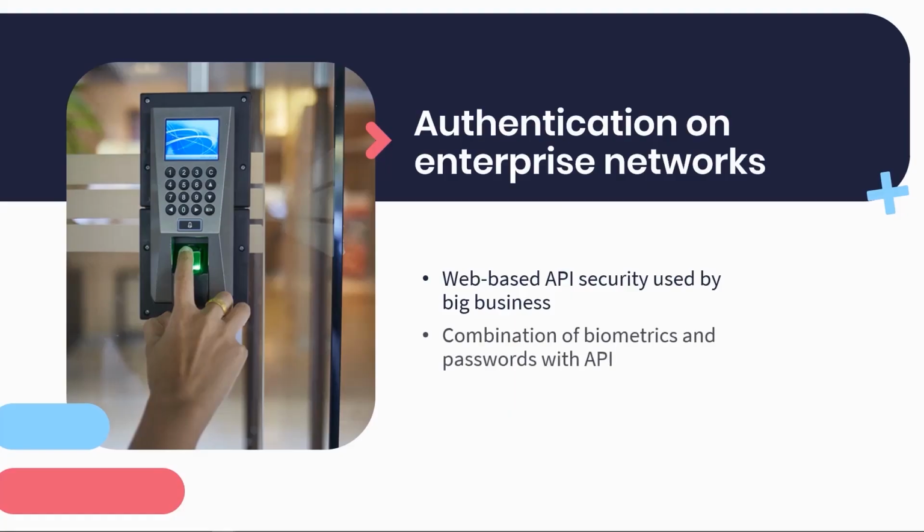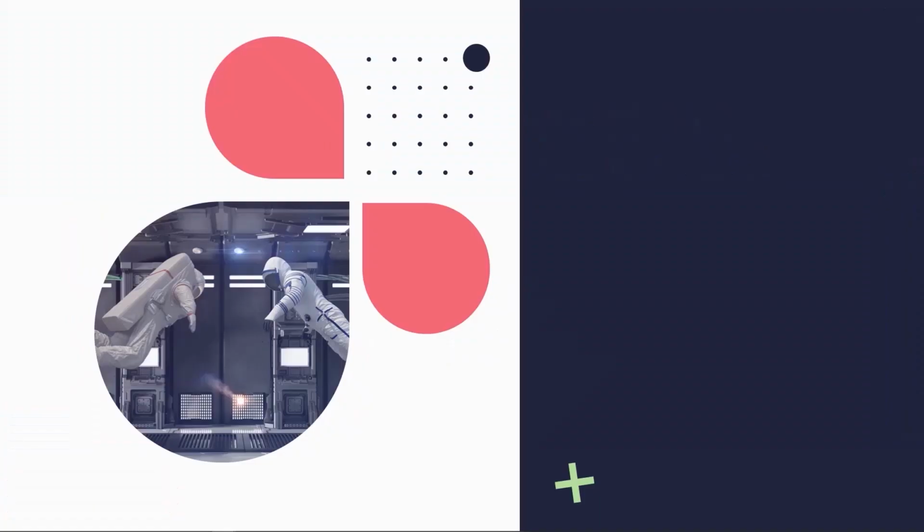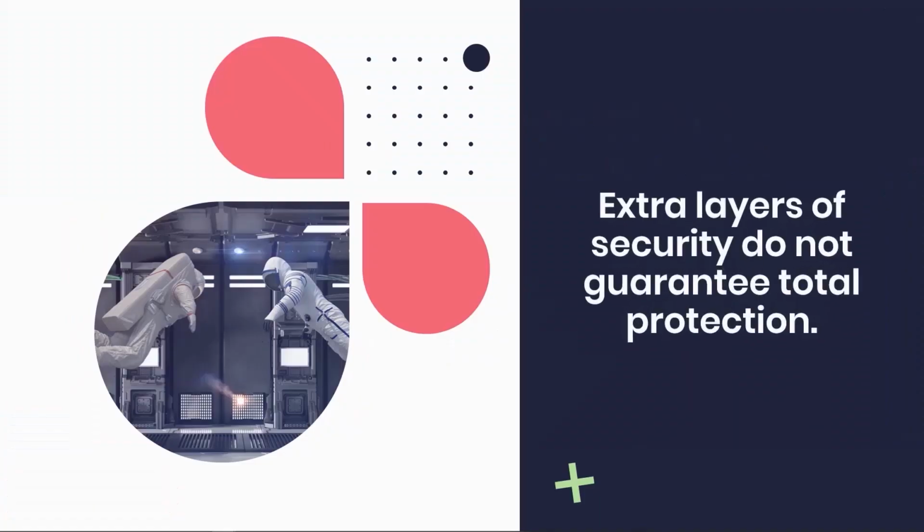To improve security, businesses combine biometrics and passwords to improve the security of that device when accessing any application program with the use of API on their network. It is important to note all these extra layers of security do not guarantee total protection, but they will make it harder for an unauthorized user to access the system.